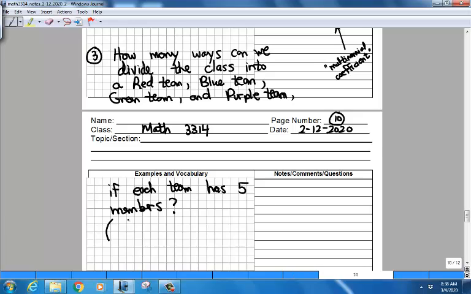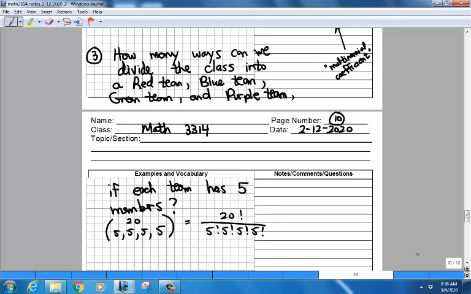So the number of ways of doing this is very easy. It's just going to be 20 choose 5, 5, 5, and 5. It's just that multinomial coefficient, which is going to be 20 factorial over 5 factorial, 5 factorial, 5 factorial, 5 factorial. Notice again that the numbers in the denominator have to add up to the number in the numerator.